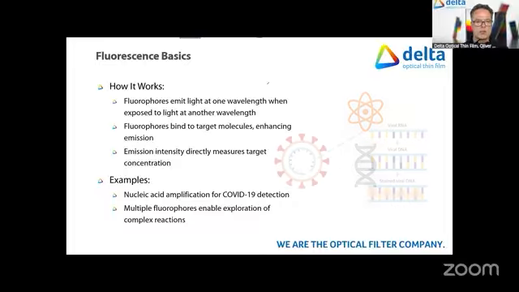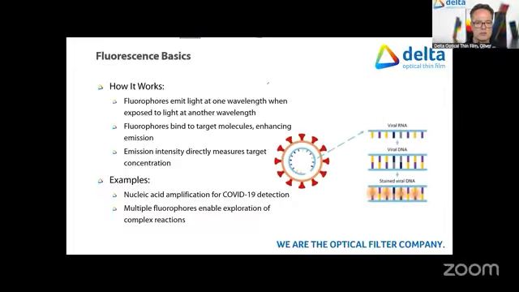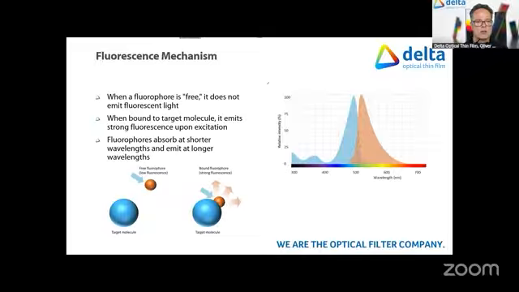One very prominent example, widely known also in public, is the PCR test for COVID detection, where a fluorophore binds to the DNA, and then that DNA is detected using fluorescence technologies. So we have also heard about quenched fluorophores before. When the fluorophore is free, it typically does not emit any light, and only when it binds to the target molecule, it emits strong fluorescence when it's excited by the correct wavelength.